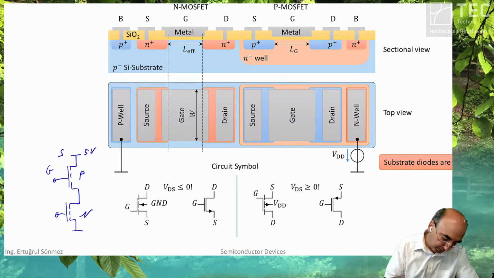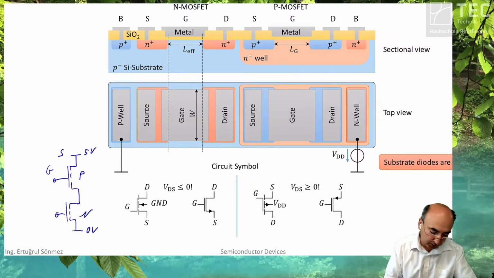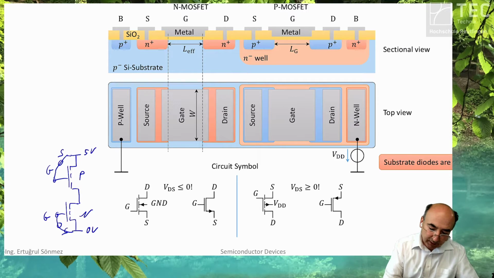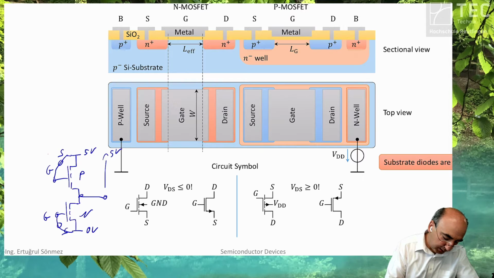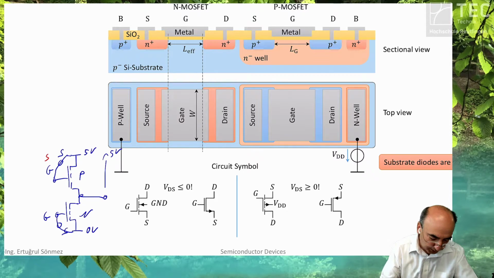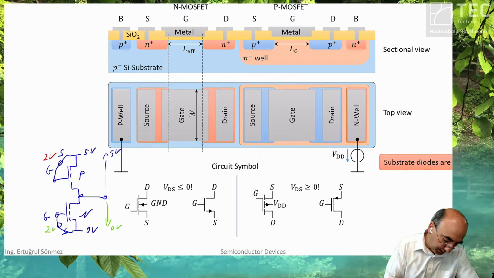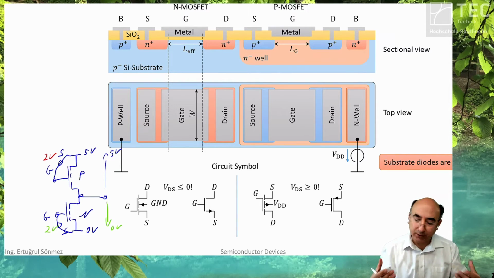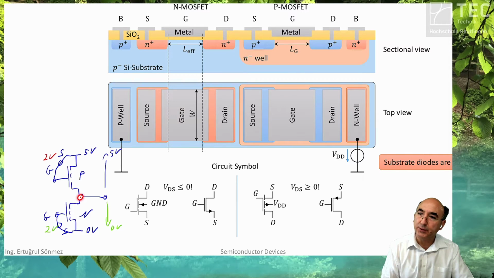Let's say this is 5 volt, this is 0 volt, it's ground, and you control this gate source with your control circuitry here. Now you can switch this node to 5 volts if you connect here a certain threshold voltage. Let's assume your control voltage is 2 volt, and you can switch down this node to 0 volt if you apply here the 2 volts. Therefore, you can fully, actively control potential in a circuit.